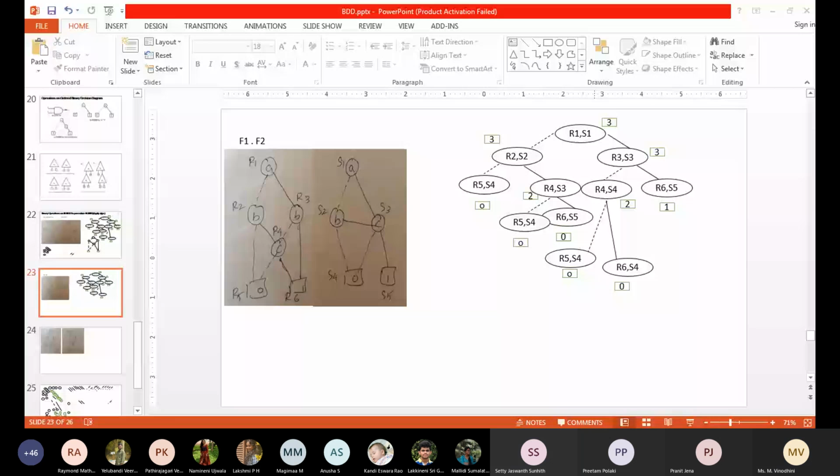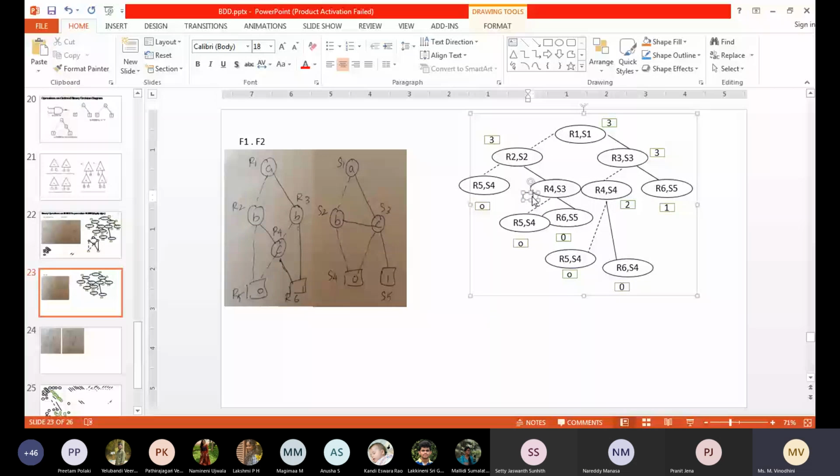Sai Rohit. Manasa, tell me. Here, what is this R4, S3? These two are 0. So what is this R4, S3? 0. Okay, Manasa, you can mute yourself.